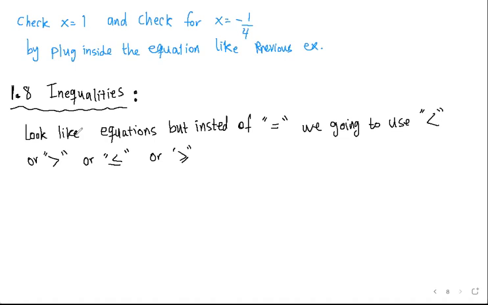So let me give you an example, and here we're going to learn how to solve inequality. An example for inequality is something like 4x plus 7 less than or equal 19.